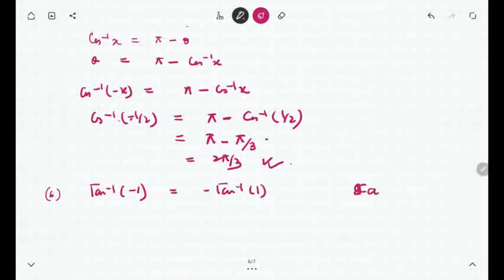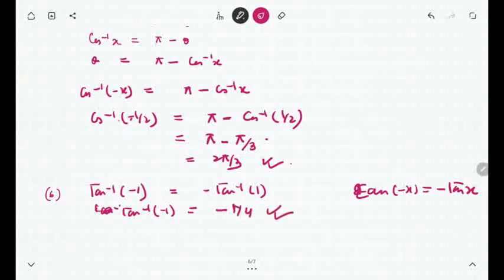Tan of minus x is minus tan x. So tan inverse minus 1 is minus tan inverse 1, and this value will be minus pi by 4.